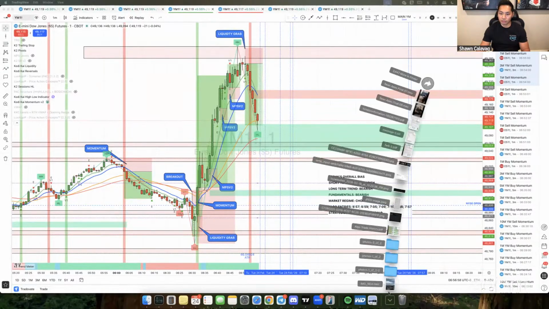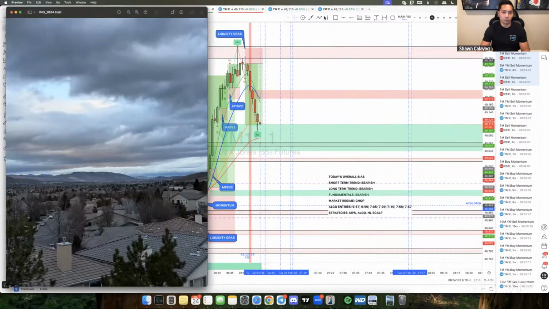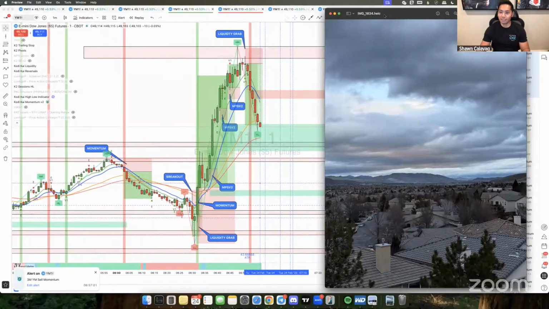Let's see what Daniel got over here. Dang, your sky always looks crazy, huh? Daniel, I remember the last time you sent it, it was when it started snowing. Your sky looks crazy. It looked crazy over here too in California a couple days ago or last week. It was like cotton candy, but super, super cotton candy. Yeah, you guys got some cool views over there in your neighborhood.